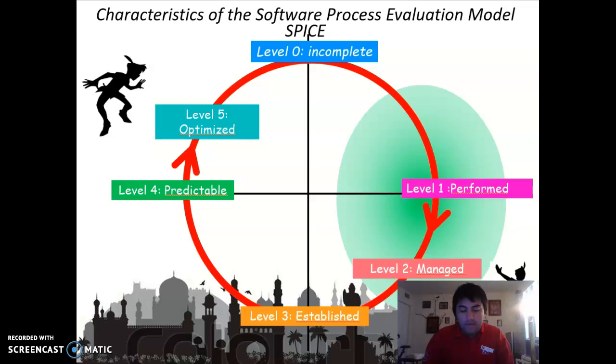So the SPICE certification follows the scheme of the certification of management systems, and we have these six levels. We start when the organization does not have implemented processes, when they don't even follow any methodology, and that could happen in little companies that prefer to produce software really fast, because the faster, the less time they spend on that project, and they can start working on another one.